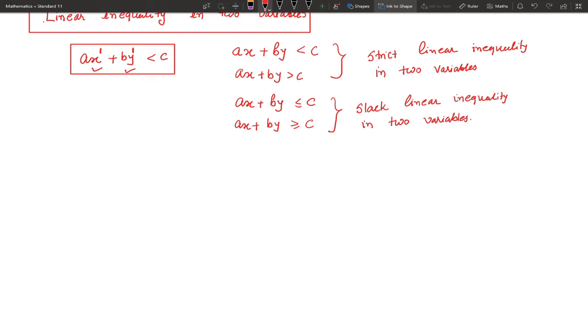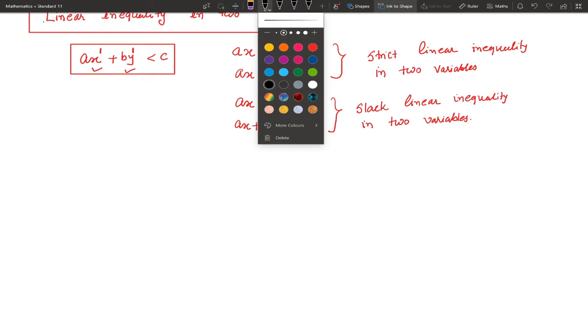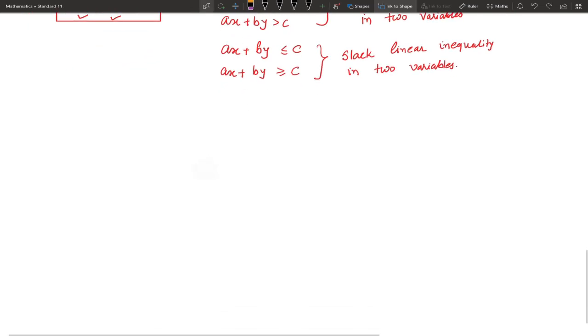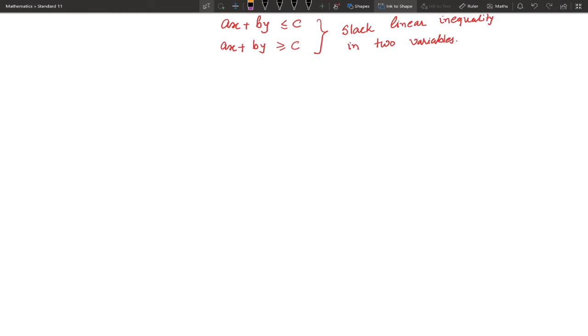So there are some basic rules to solve linear inequalities. First, what is the solution of an inequality?